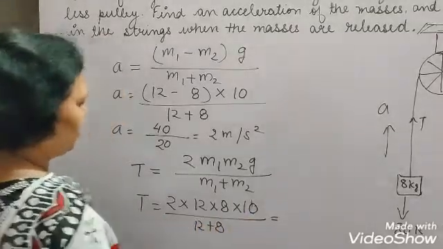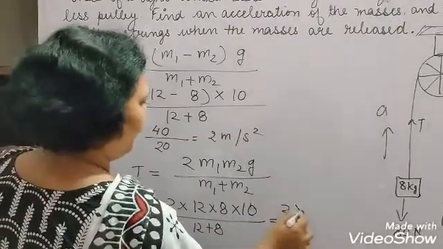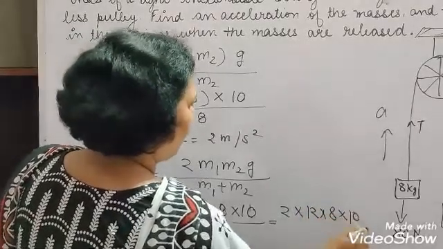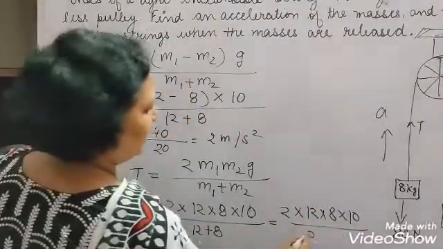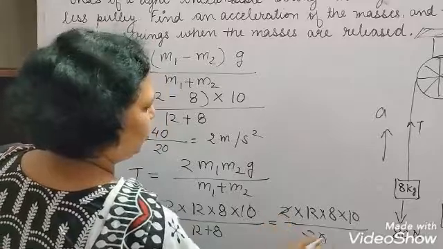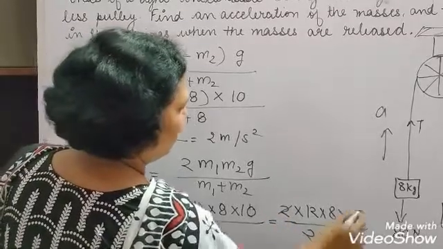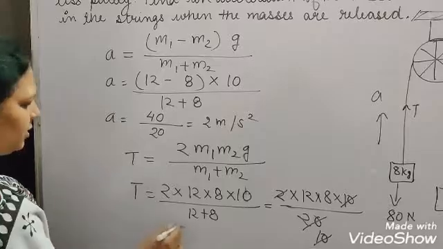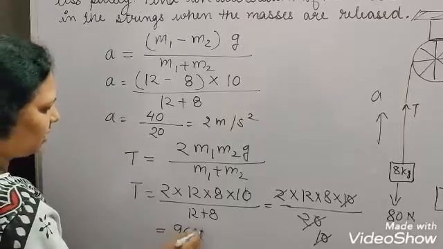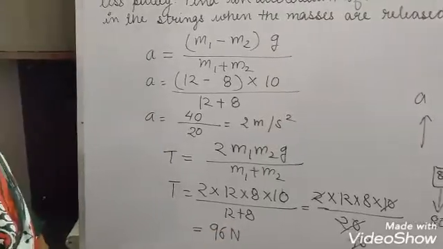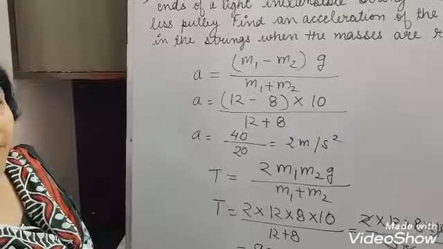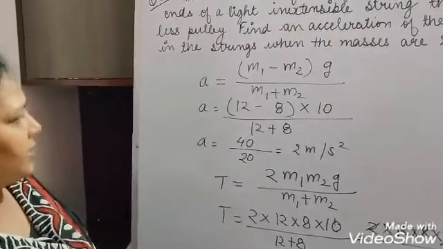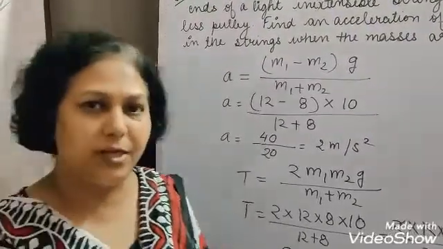That means we will find 2 into 12 into 8 into 10 upon 20. So this 2 tens are 20, this 10 and 10 will be cancelled, and 12 eights are equal to 96 Newton. So this 96 Newton will be the tension produced in the string, and the acceleration will be 2 meter per second square.